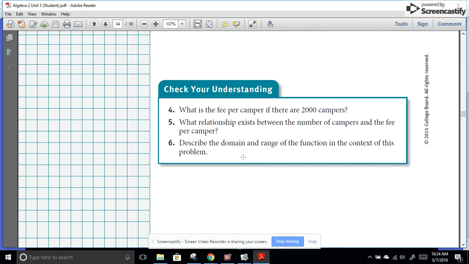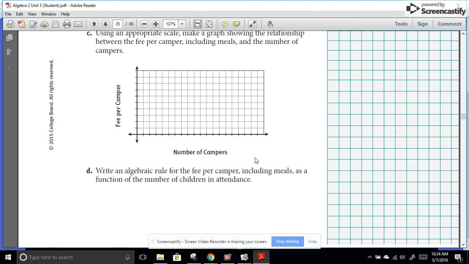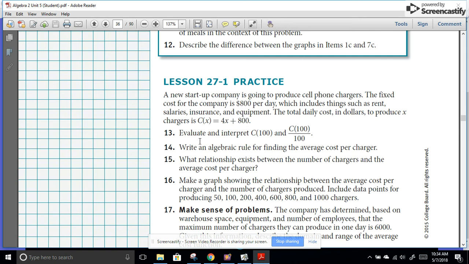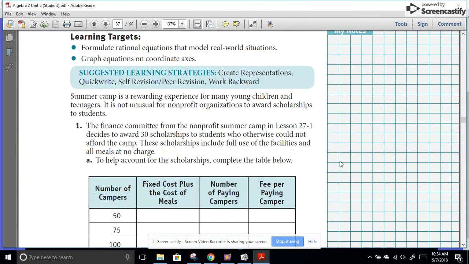You can go back and look at that type of problem and see what they do. Here's another type of problem right here. They're doing $800 a day plus a fixed cost. But anyway, there are some more examples.